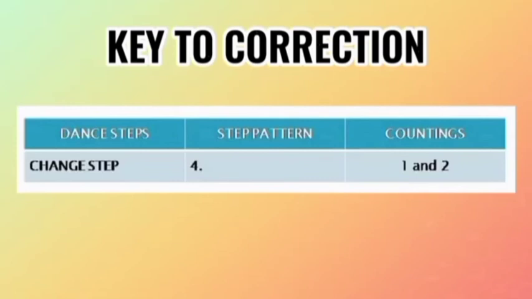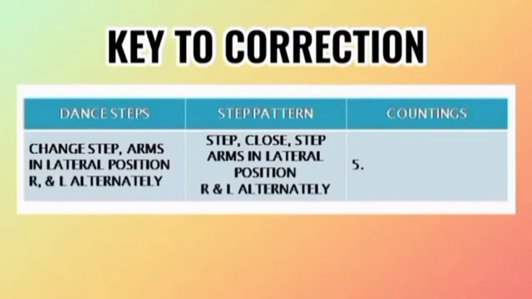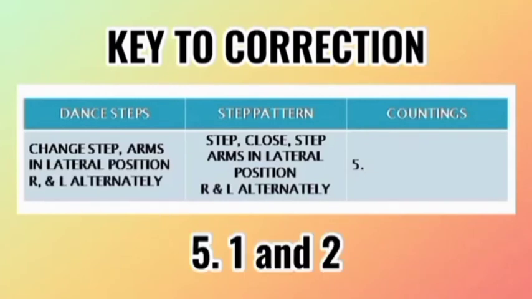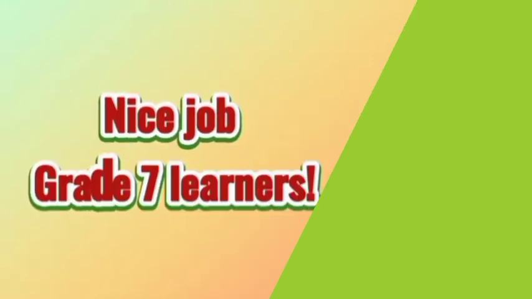For item number 4, the correct answer is step, close, step. And for the last item, number 5, the correct answer is 1 and 2. Class, who got the perfect score? Nice job, grade 7 learners.